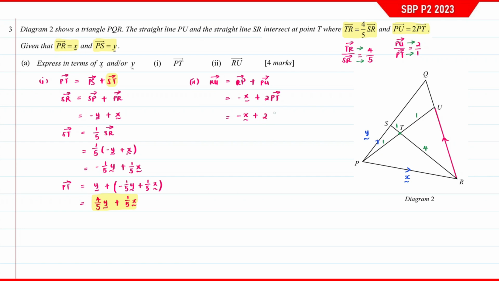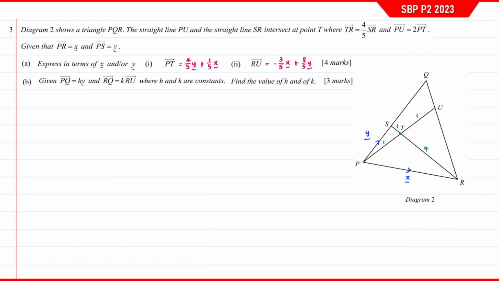So this will be 2 times 4 over 5 vector Y plus 1 over 5 vector X. Expand this and you get 8 over 5 vector Y plus 2 over 5 vector X. Solving with the vector X, you get negative 3 over 5 vector X plus 8 over 5 vector Y.